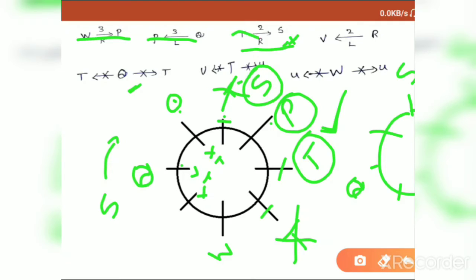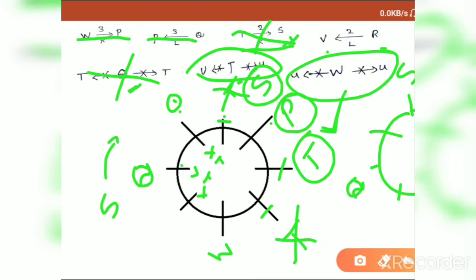Next, this information also completed and this information also completed. Next, coming to U, because here V and R, we don't have information about V and R. So these two informations we have more information. Okay, coming to this, U should not be neighbor of T. Where is T now? Here.